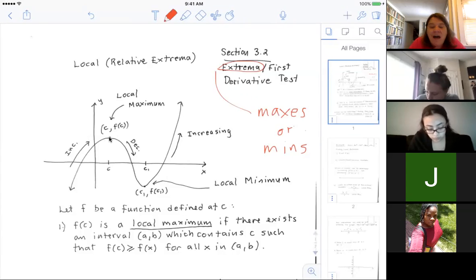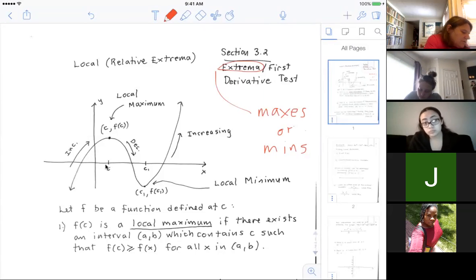It may not be the highest point around, or the biggest dog in the city, but it's the biggest dog in the neighborhood. There are higher points on the graph up here, and there are lower points down here. But if there's a locally high point, we call it a local max. We say there's a local max at that point. So if you look at the definition down here, it says f of c, or y, is a local max if there exists an interval which contains c.